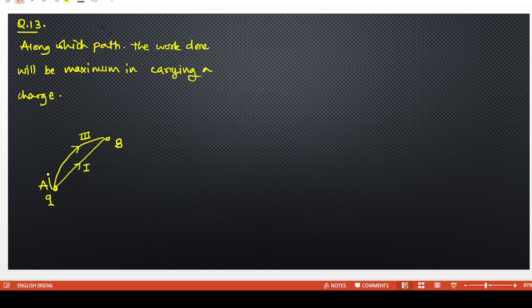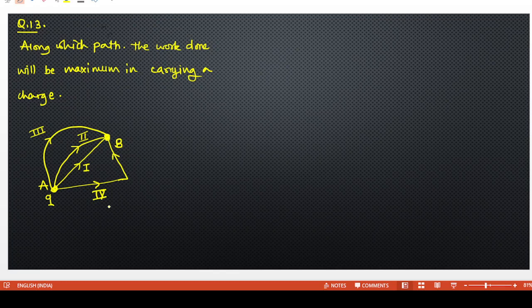This is the third path, and let us say this is the fourth path. We have to check along which path the work done in carrying this charge q from point A to B is maximum.